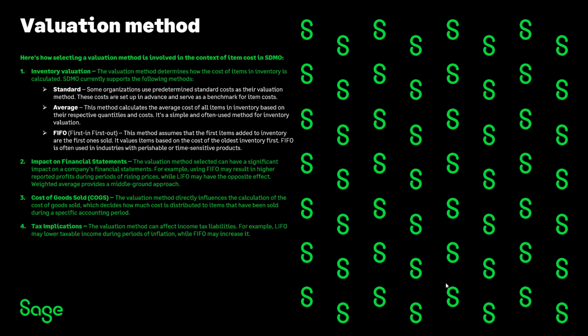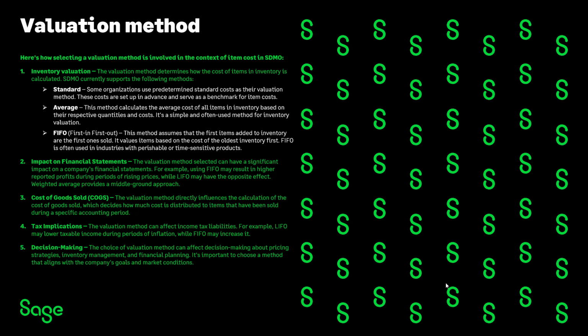Fourth, tax implications. The valuation method can affect income tax liabilities. For example, LIFO may lower taxable income during periods of inflation, while FIFO may increase it. Fifth, decision-making. The choice of valuation method can affect decision-making about pricing strategies, inventory management, and financial planning. It's important to choose a method that aligns with the company's goals and market conditions.